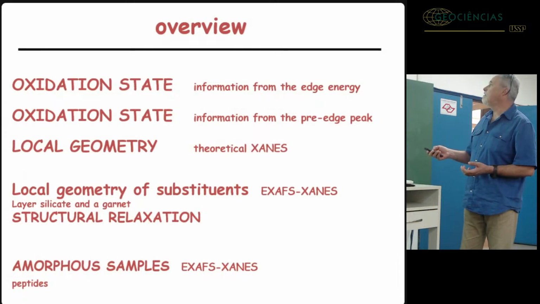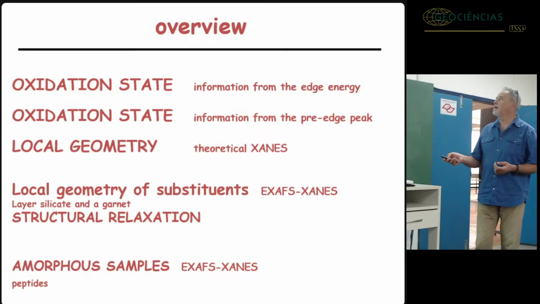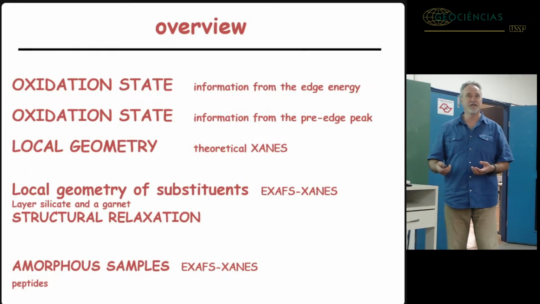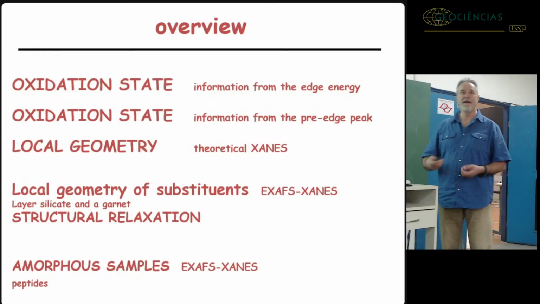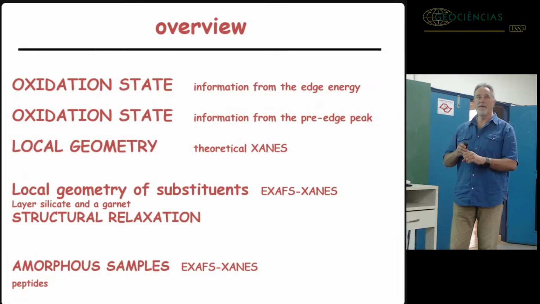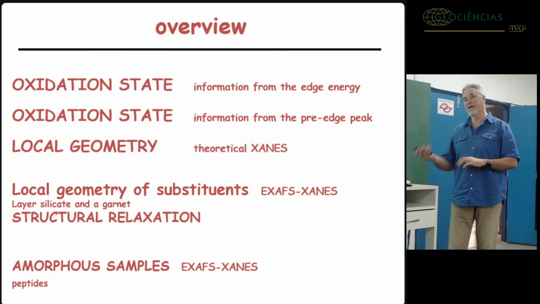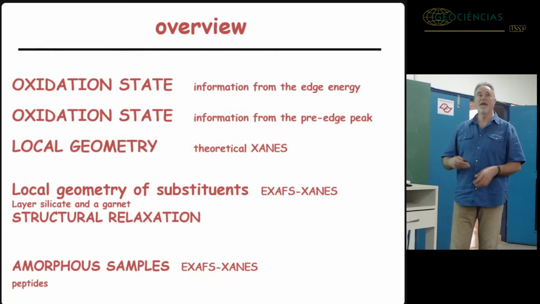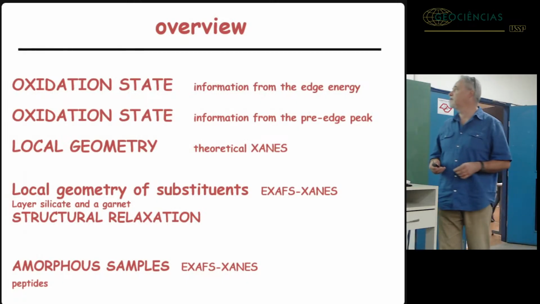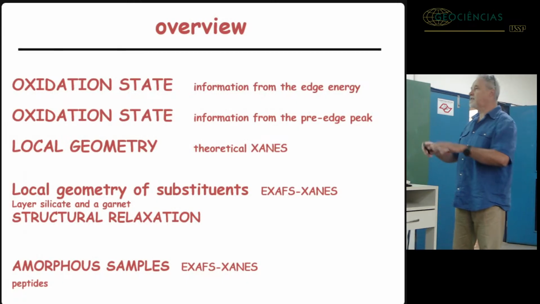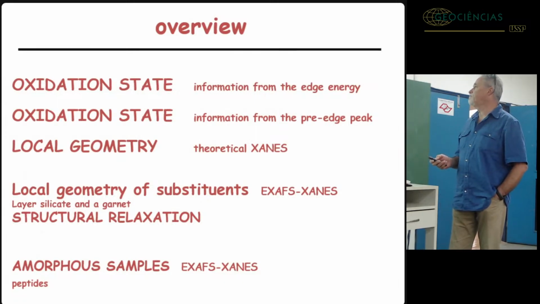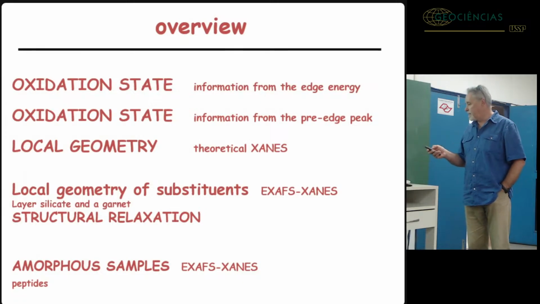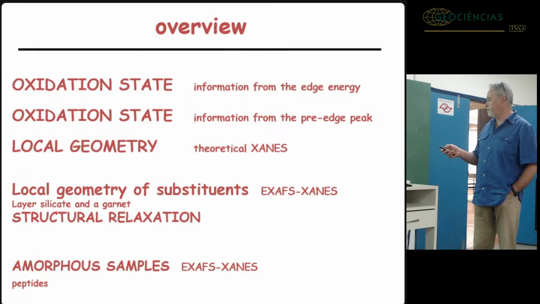And also some hint about how dopants locally modify the host structure, which is actually my field. Most of my career, I studied how a dopant can enter into a structure, glassy or crystalline, and how it changes locally the structure around it, or the reverse, how the structure changes the environment around the dopant. And we will say something also about amorphous samples.